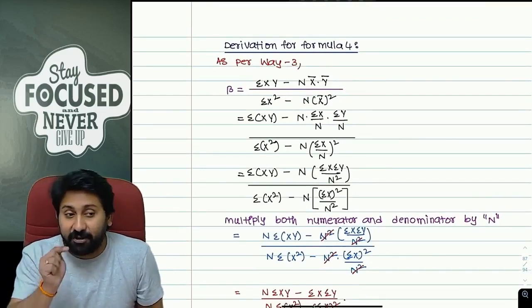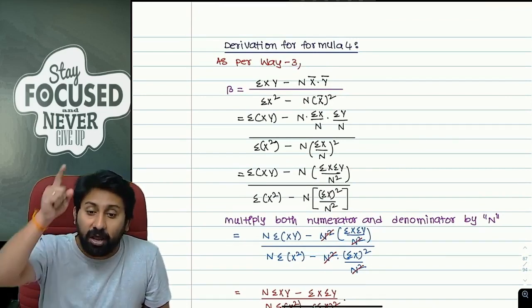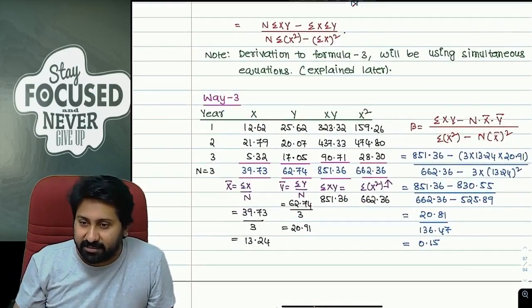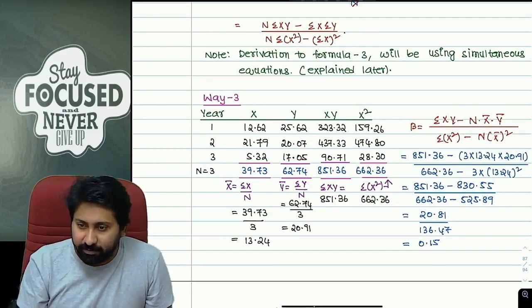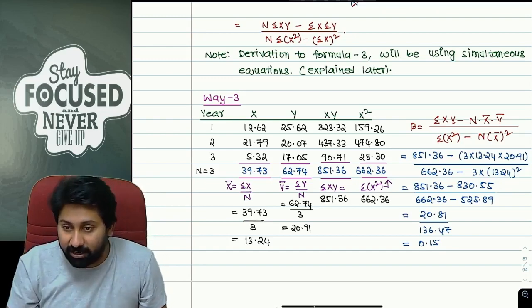Sir, when the answer for beta in all the cases is essentially the same, why are you using this model? First model also giving the same answer, second model also giving the same answer. Then why should I follow this model instead of that model?